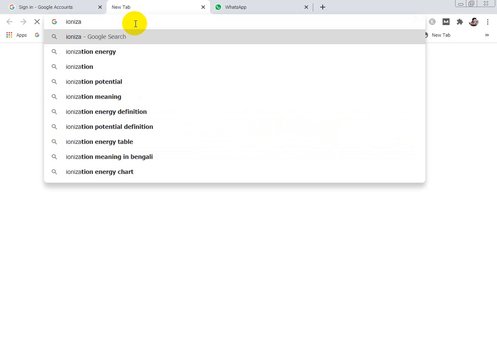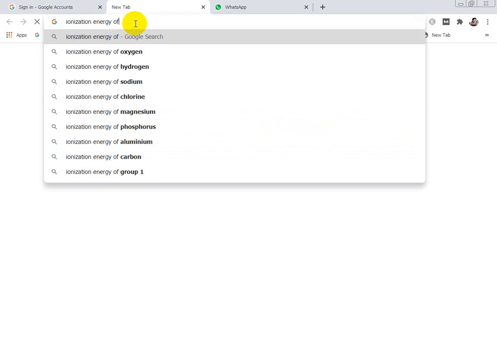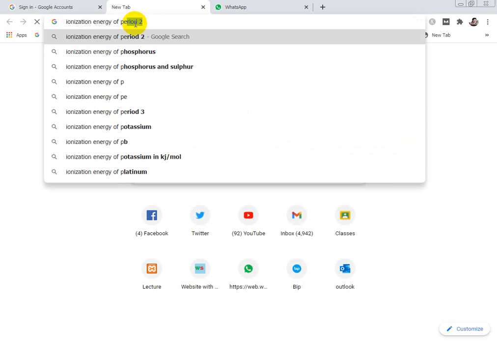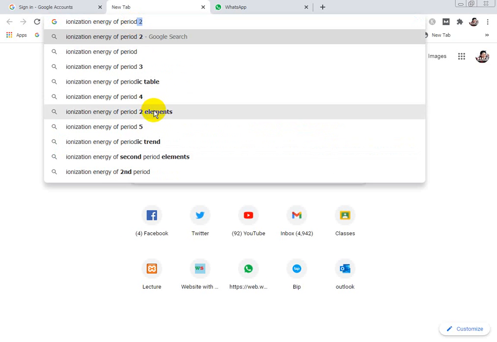Ionization energy of period 3 elements, period 3 elements, period 2 elements. Okay, look at the period 2 elements.